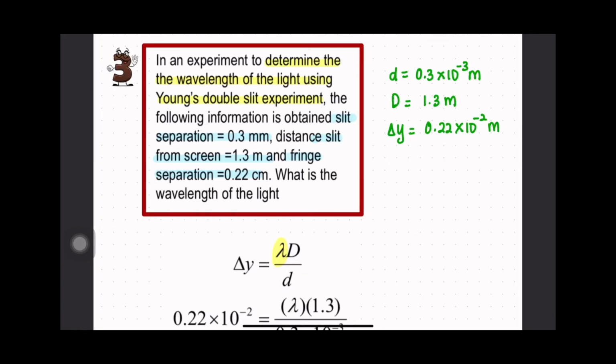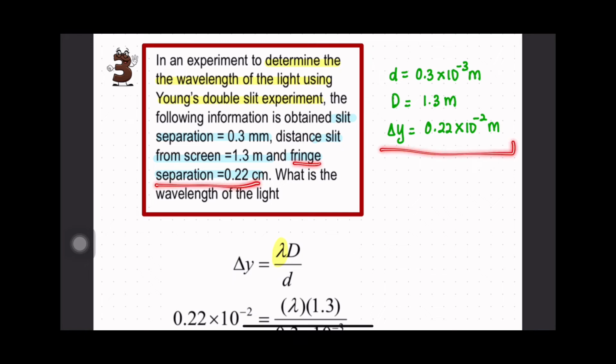Okay, next example 3. We have an experiment to determine the wavelength of the light using the double slit experiment. So the following information is obtained. They give you the slit separation is 0.3 mm, the distance of the slit from the screen is 1.3 meter, and the fringe separation is 0.22 cm. What is the wavelength of the light? So first dia bagi tahu fringe separation.